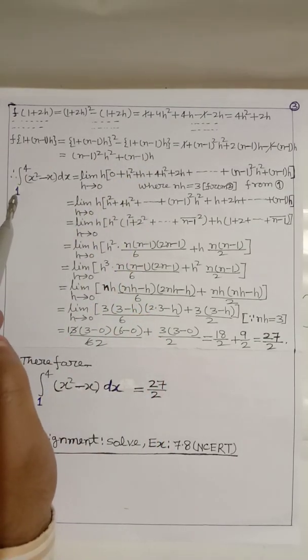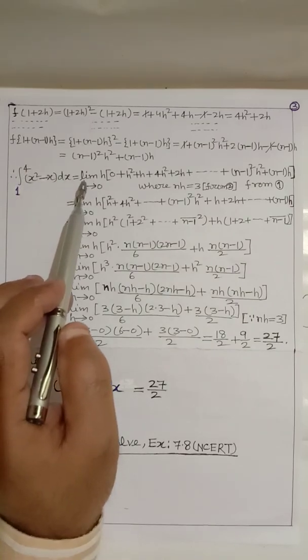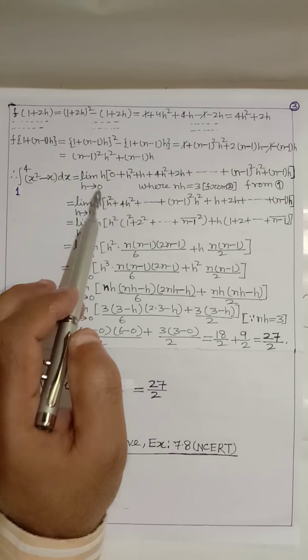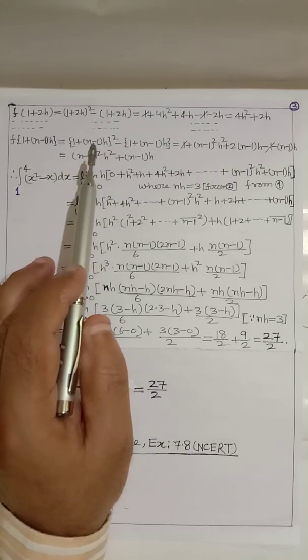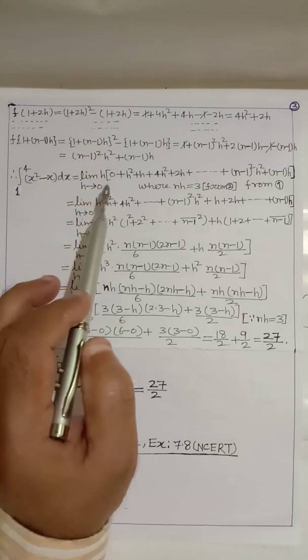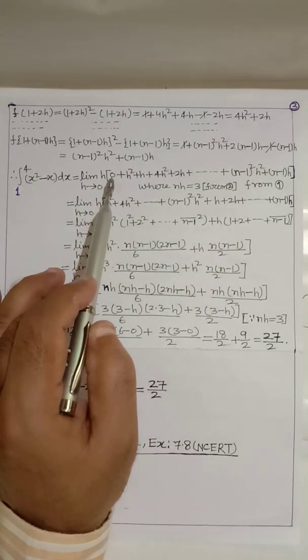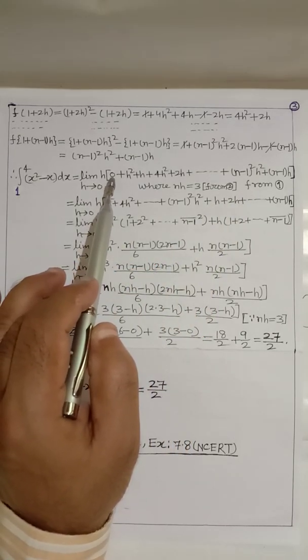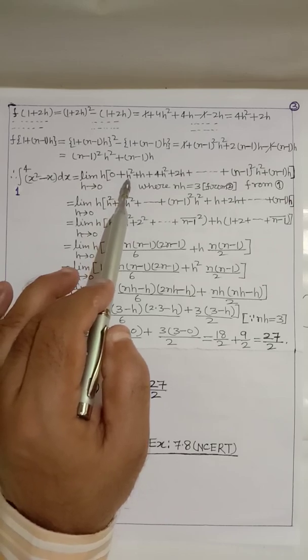Therefore, integration of 1 to 4 x square minus x dx equals limit h tends to 0 of h into, putting all the above values in 1, we get f(1) is 0. So we put here 0 plus f(1 plus h), we have h square plus h.